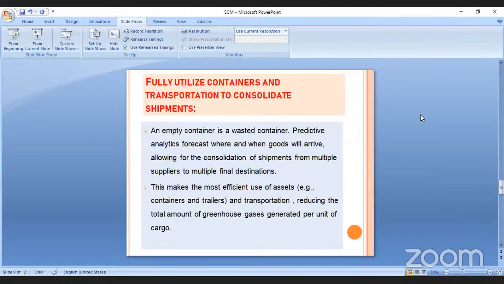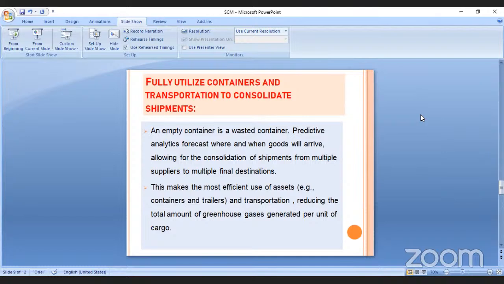Fully utilize containers and transportation to consolidate shipment. An empty container is a wasted container. Predictive analytics forecast where and when goods will arrive, allowing for the consolidation of shipments from multiple suppliers to multiple final destinations.